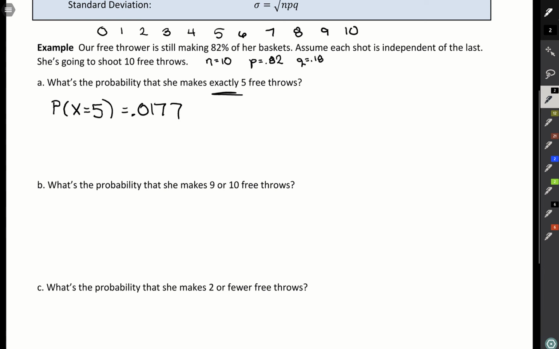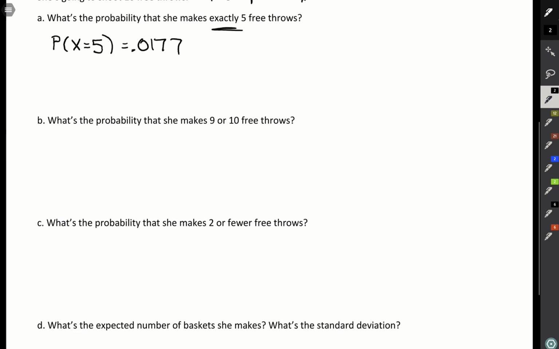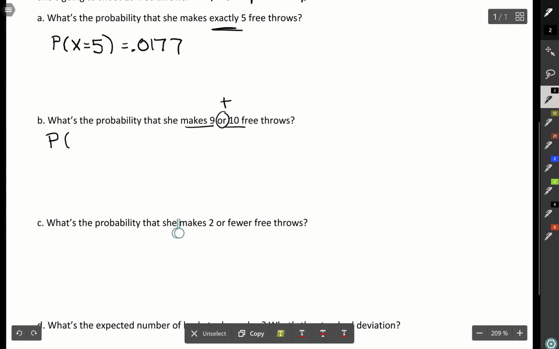Then what we could do is look for various numbers at once. What's the probability she makes 9 or 10 free throws? So 9 or 10, this would be done through addition, and these are going to be disjoint events. She can only make 9 or only make 10. There's no overlap there. So what we're going to do is take the probability of 9 successes and add on the probability of 10 successes to represent making 9 or 10 baskets.